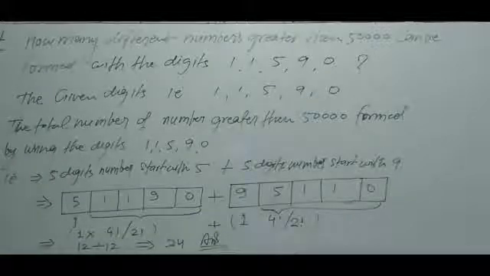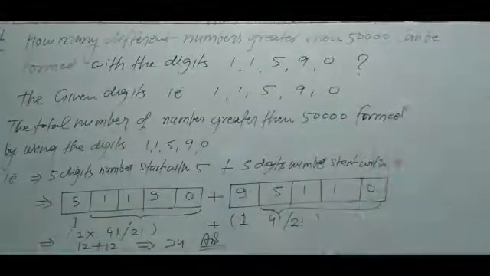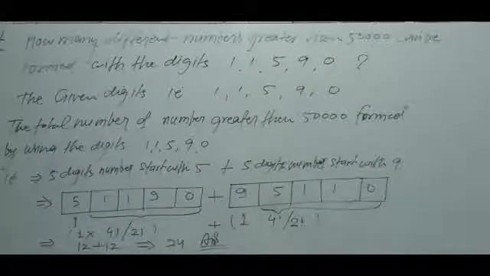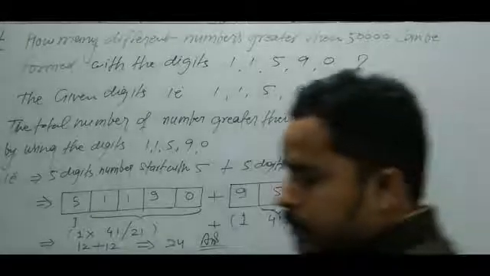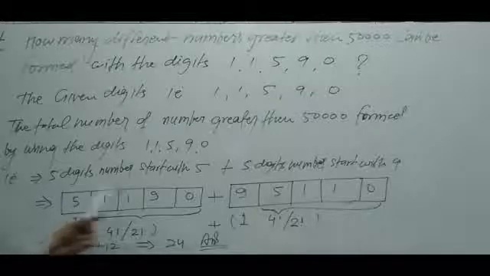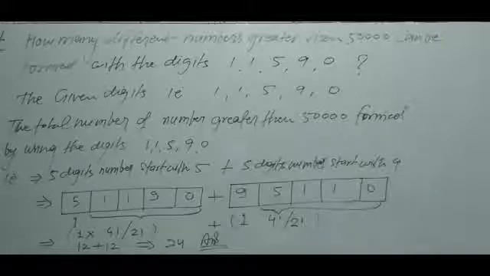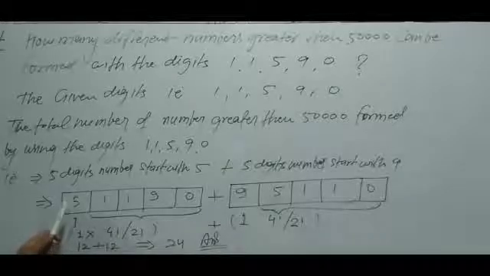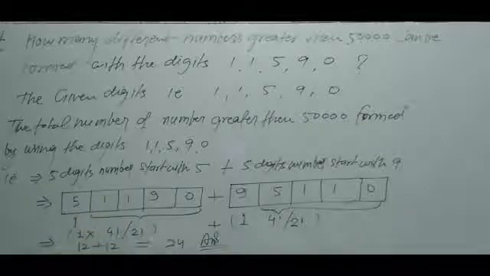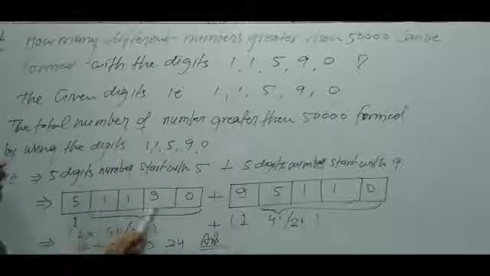Now again see, in this question we have to find the total number of 5-digit number which is greater than 50,000. So greater than 50,000 means unit, tens, hundreds, thousands, 10,000 place. So at 10,000 place we can fill the digit only 5 and only 9. So when you will put 5, so remaining digits we can set at this 4 box.